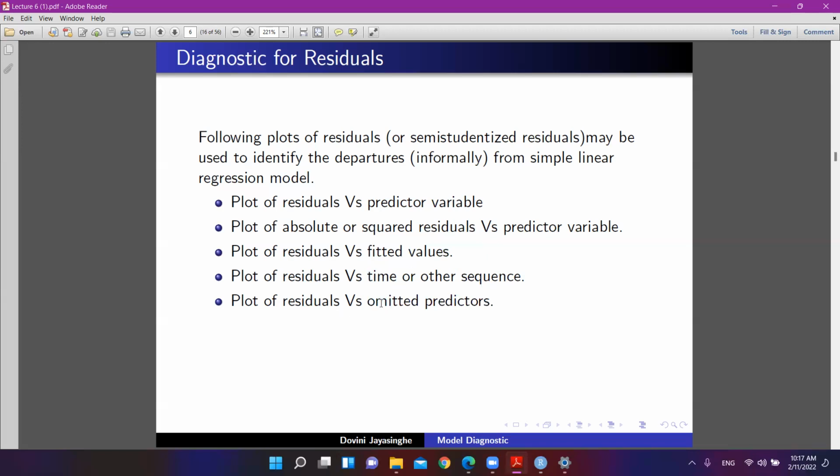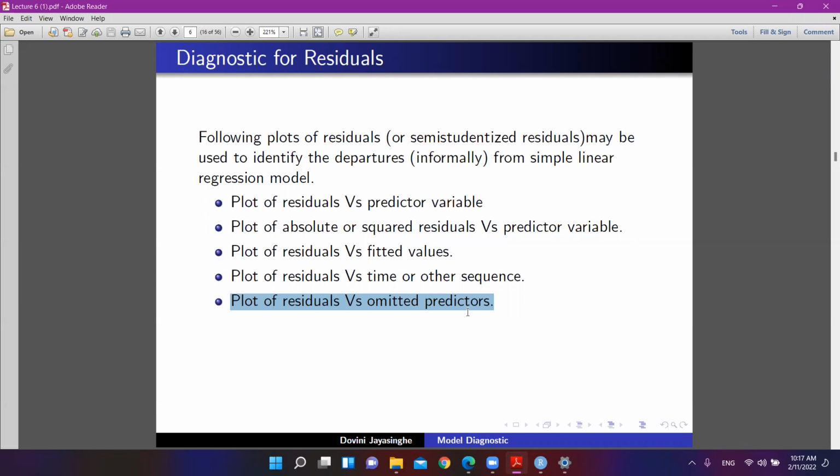Plots of residuals versus omitted predictors, right? This could be discussed in multiple linear regression, because when it comes to multiple linear regression, we might be getting so many x variables. It's not always the case that you have to include all the x variables in the model. You'll learn that later on. There could be instances where you make use of only a couple of selected x variables in your model to make it predictive enough, because we always try to keep our model as simple as possible, right?